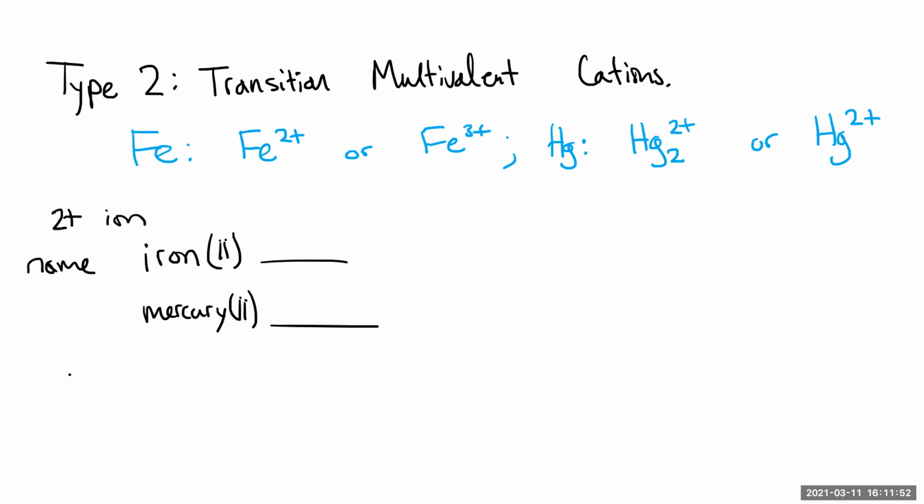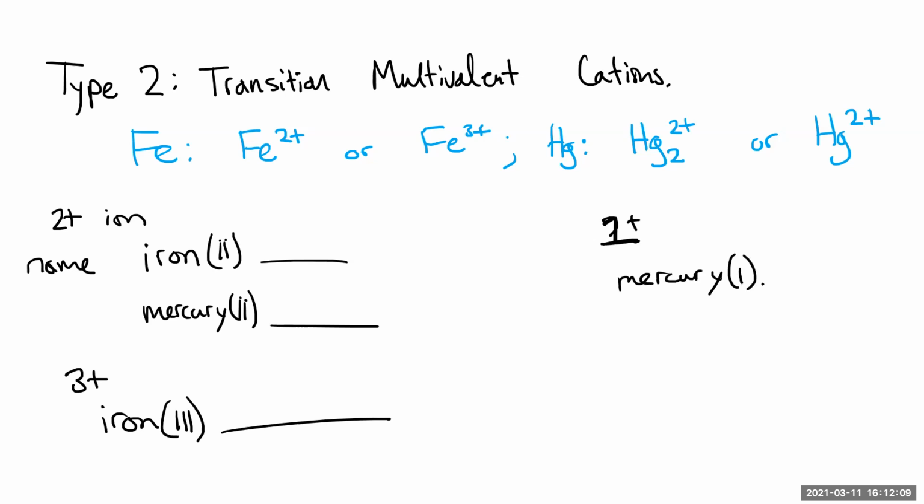If you are looking at your 3+ for iron, then it becomes iron 3, whatever anion. If you're looking at the 1+ for mercury, it becomes mercury 1, followed by whatever anion it is. Fairly straightforward naming method, but it's important to be able to delineate and specify this as appropriate.